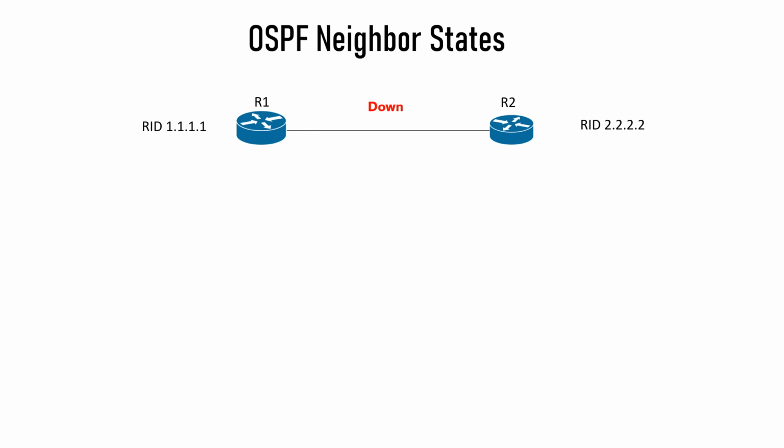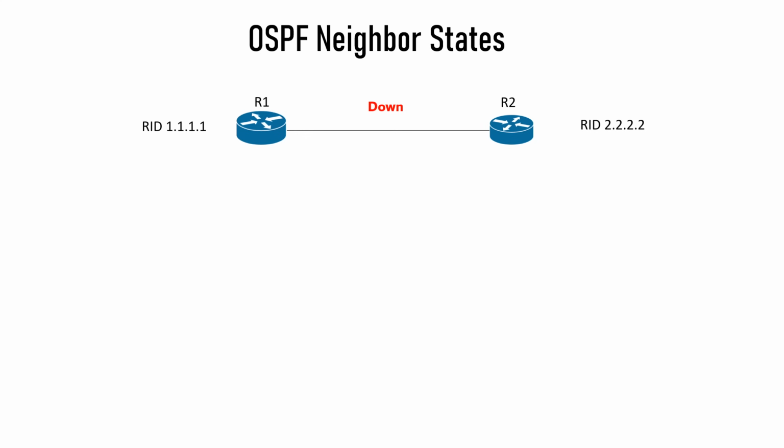When your interface is down, your neighbor state will be in the down state. This is the initial state, which indicates no information has been received from the neighbor. But once the interface is up, it will move to the next state, that is the init state.